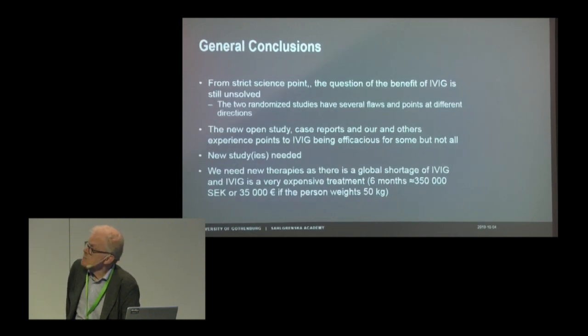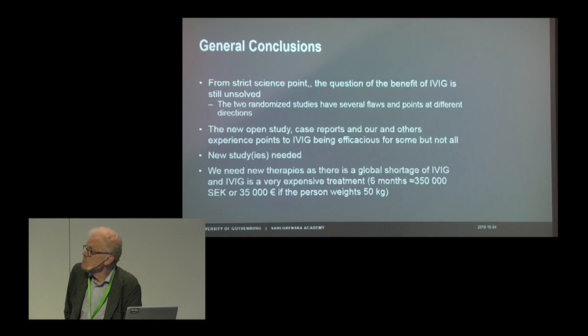And if we go to some general conclusions, from a strict scientific point of view, the question of the benefit of immunoglobulins is still unsolved. The two randomized studies have several flaws and point in different directions, as you saw. The new open study, case reports, ours and others' experience indicate that immunoglobulins can be efficacious for some, but not all.